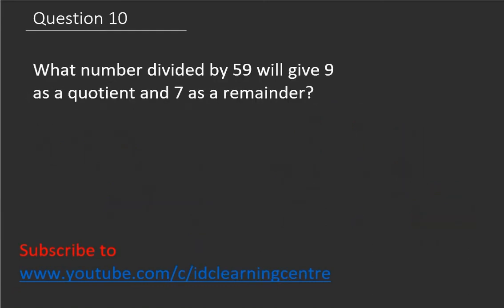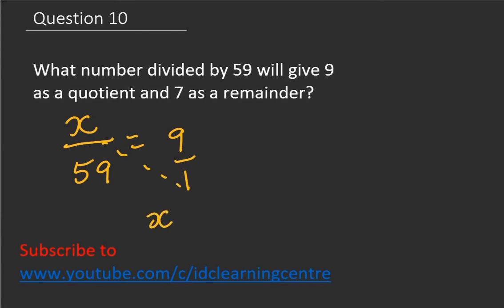Okay, question 10. The last question for the day. What number divided by 59 will give 9 as a quotient and 7 as a remainder? Let the number be x. So x divided by 59 equals 9. I've interpreted this question. Let this be over 1. You cross multiply. x times 1 is x.